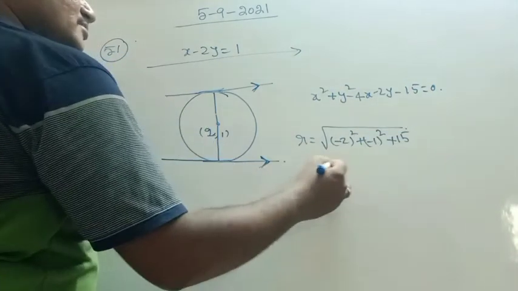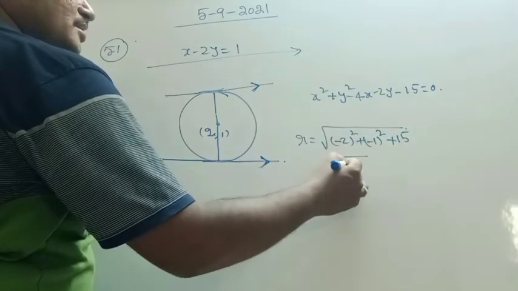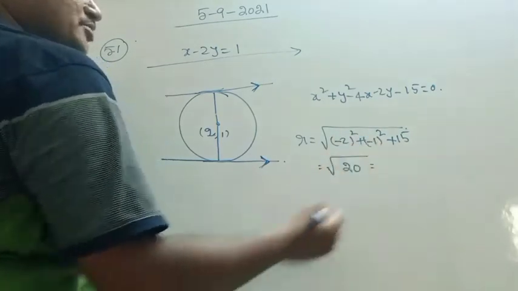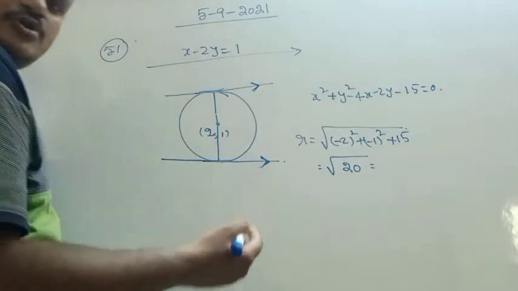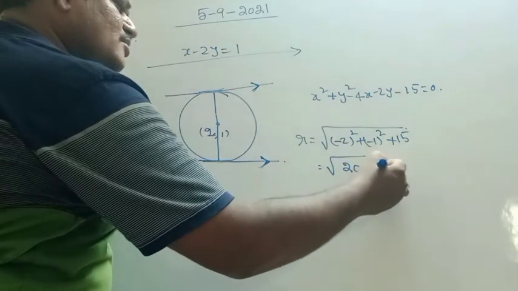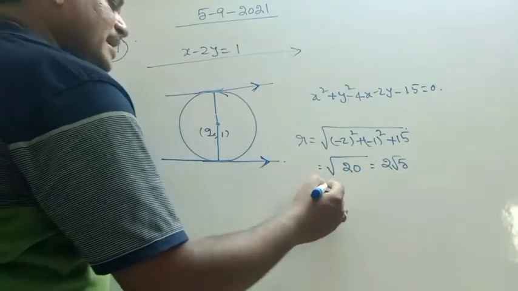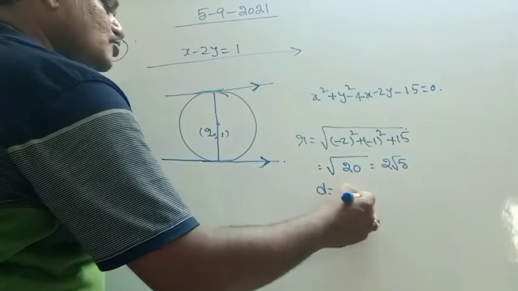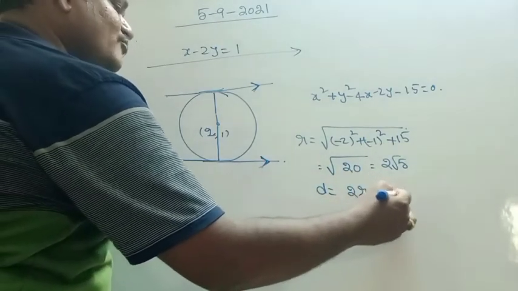This is root over 20, which is 2 root 5. And the diameter is 2 into radius, that is 4 root 5.